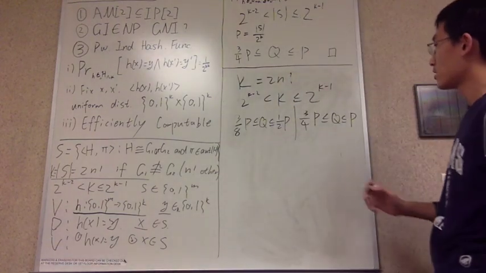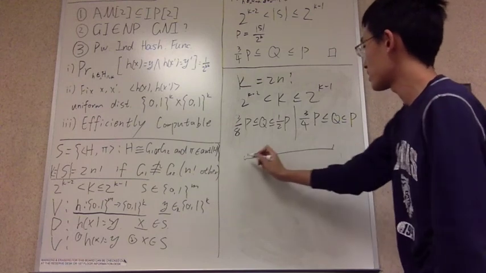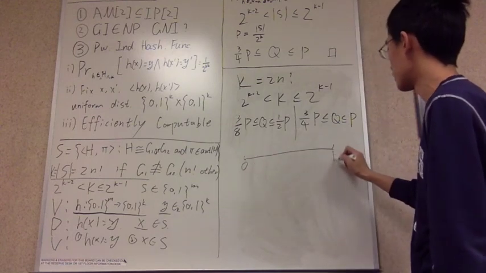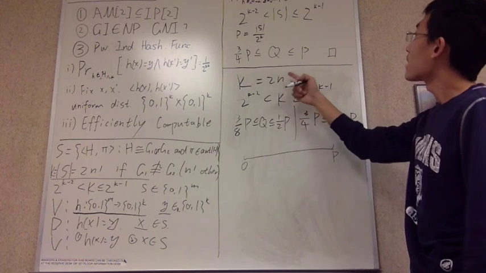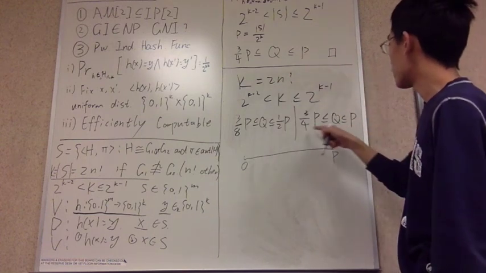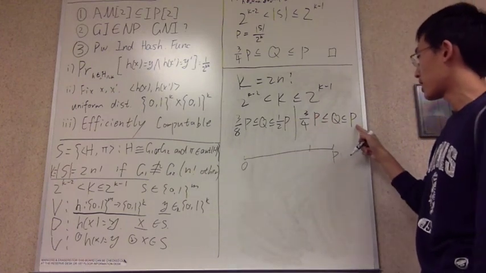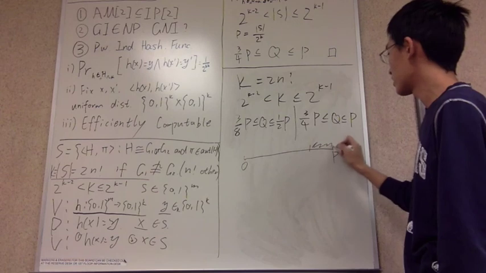So as we can see, for example, this is 0 and this is P. If S has a size of 2n factorial, then Q will happen with a probability between 3/4 P and P, which is in this range.